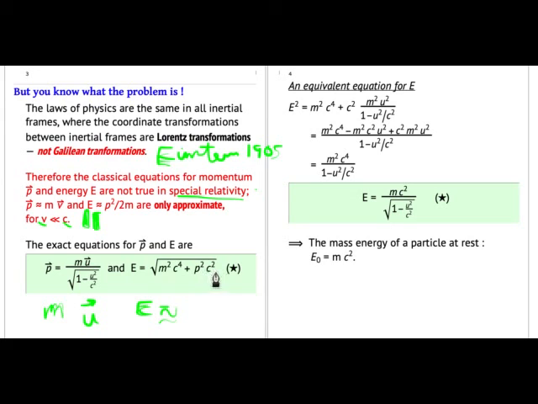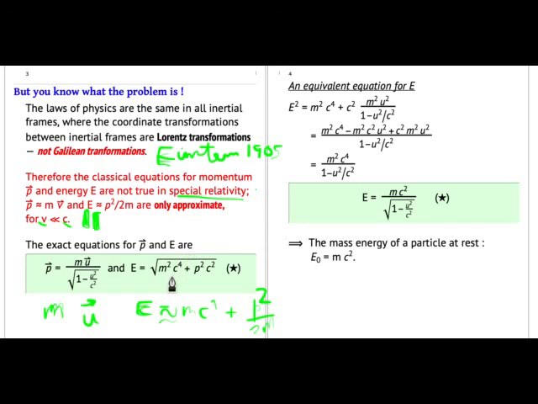I can approximate this square root: this term by itself would just be under the square root, giving mc squared, plus this term, which would be p squared over 2m. And I'll leave that as an exercise for you to check.